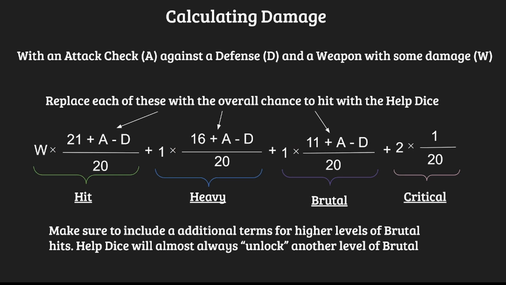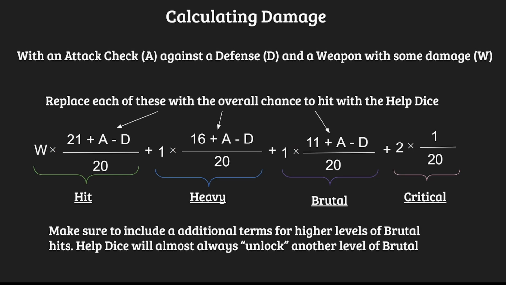Each time we go to a higher level of brutal, this number in front of the attack and the defense goes down by 5. So it starts at 21, goes down to 16 for heavy, goes down to 11 for a brutal, goes down to a 6 for a brutal +1, and it goes down to a 1 for a brutal +2. So the further we get to brutal levels, the harder it is to actually hit. But these are the things to keep in mind when we're doing math with help die.